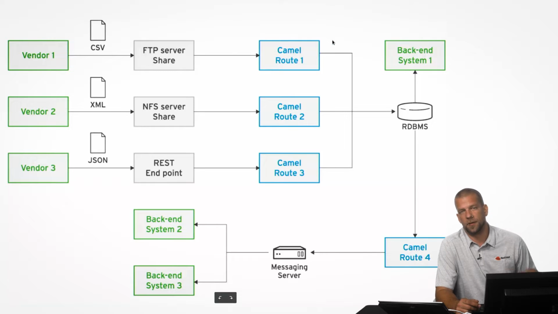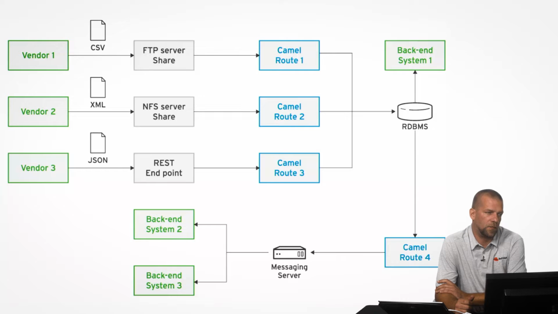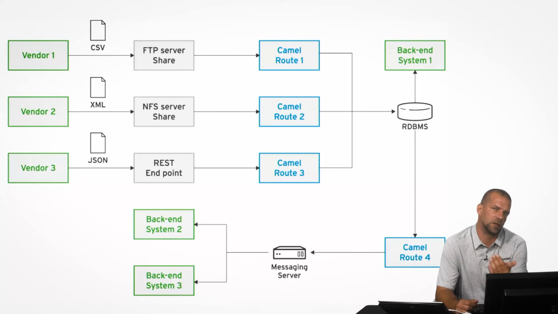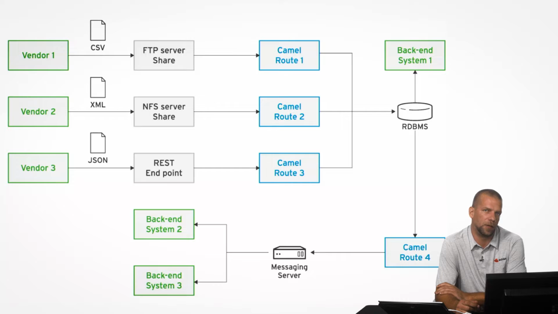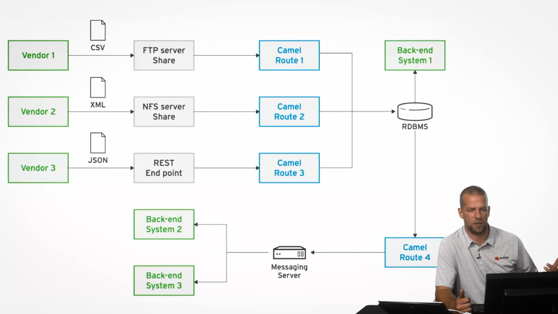Camel then consumes this information from what we call an endpoint by means of a route. And a route in Camel is a sequence of instructions that explains to Camel where to get the information it's processing from, and then what steps need to be taken to convert this incoming data into something useful to the other components in the information system.